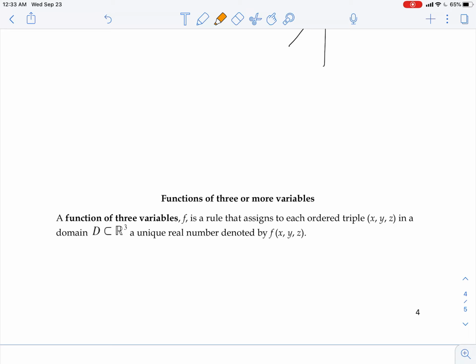We could graph the domain of this function of 3 independent variables, because the domain is in the 3-dimensional coordinate system. But the actual thing that we get from 4 dimensions, we're not going to be able to graph.